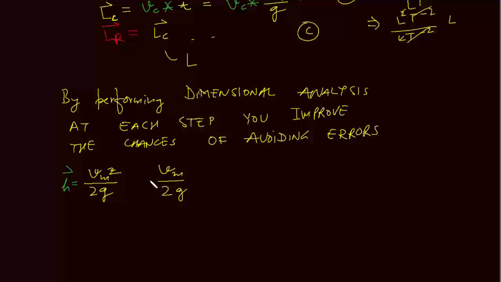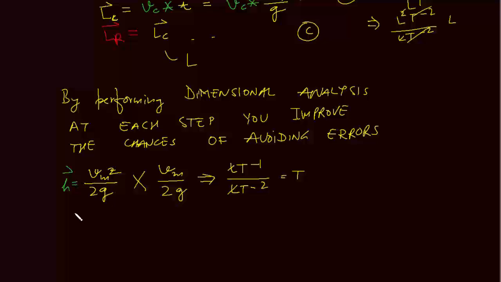And let's see, this is a mistake but it happens. So let's see what the dimension analysis gives you. L t minus 1 divided by L t minus 2, so L gets cancelled and you get t. So instead of finding a length, you end up finding time. So this is the kind of mistake you can make.